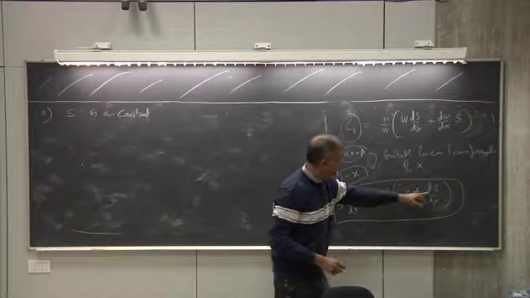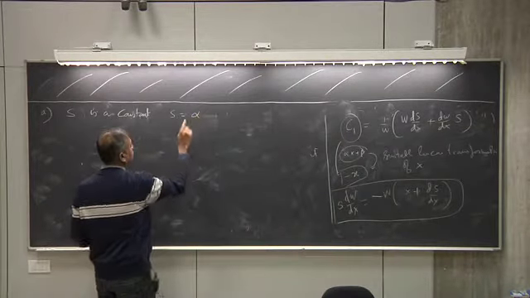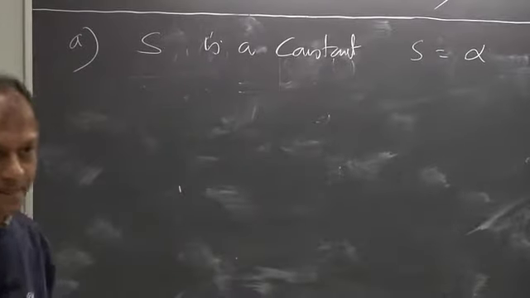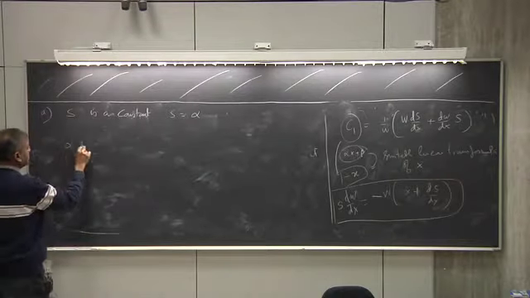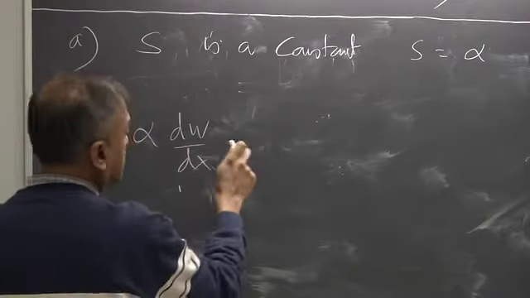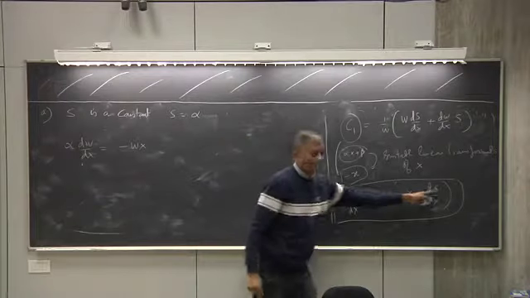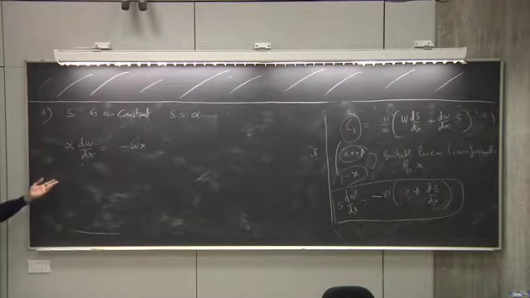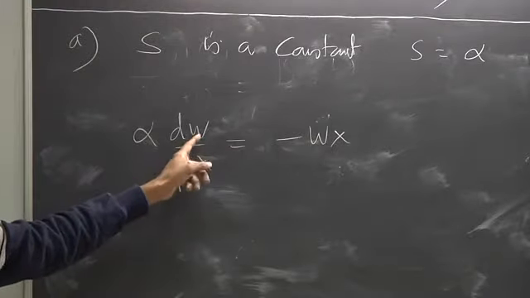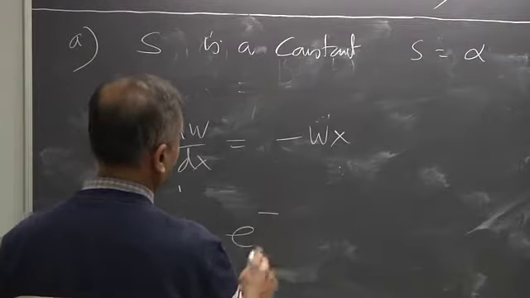In this case, ds by dx is 0, since S is a constant. Let's call it S equal to alpha. Substituting, you find alpha dw by dx equal to minus wx, because ds by dx vanishes. This differential equation can be easily solved.